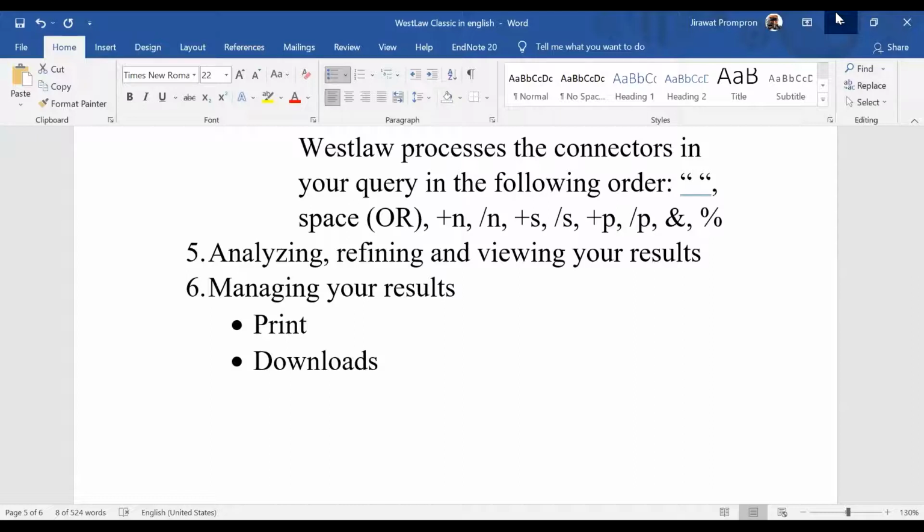So Westlaw wants you to analyze whether it is relevant to you. If you don't think it is relevant, you can move to another article. But if it is more relevant and you want to view inside, put the mouse over the article and click on it to open and view the results.